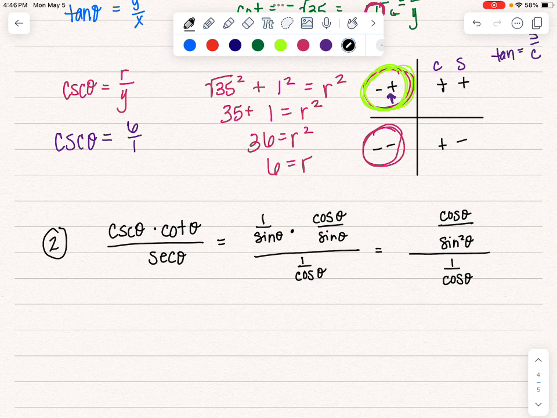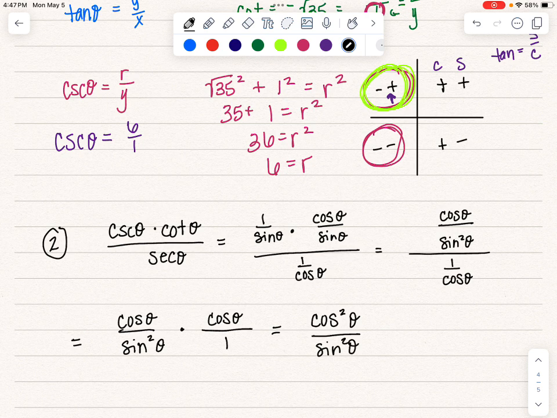Now that I am dividing a fraction by a fraction, I'm going to simplify that. So the numerator is going to stay cosine over sine squared. Then I'm going to multiply by the reciprocal of the bottom, which is cosine over 1. When I multiply those together, that gives me cosine squared over sine squared.